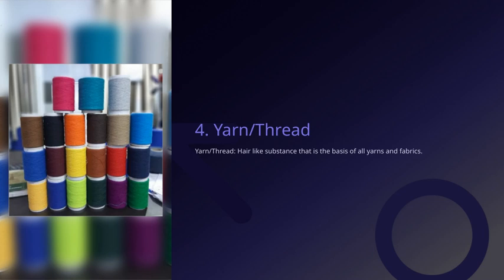Whether it's cotton, wool, or synthetic fibers, they all start with this fundamental element, yarn or thread. Recognizing this connection is key to understanding how fabrics are made and how different materials influence the final product. This concept ties into our overall theme of exploring the basics behind textile manufacturing and design.